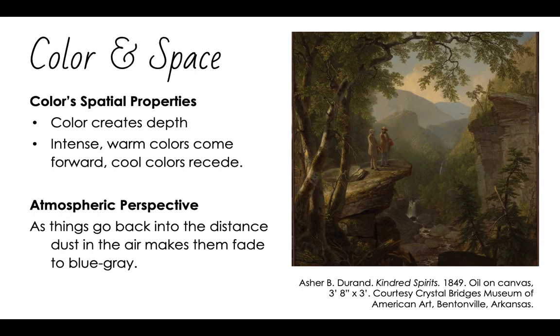Color helps create depth in representational imagery. Intense and warm colors come forward, cool colors recede. Saturated colors will pop out inside the composition, whereas unsaturated or dull colors will sink back into space.